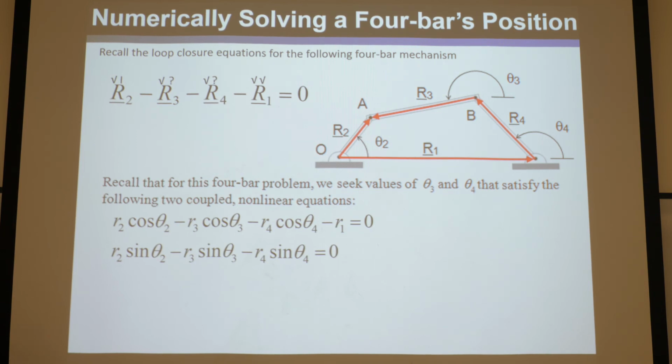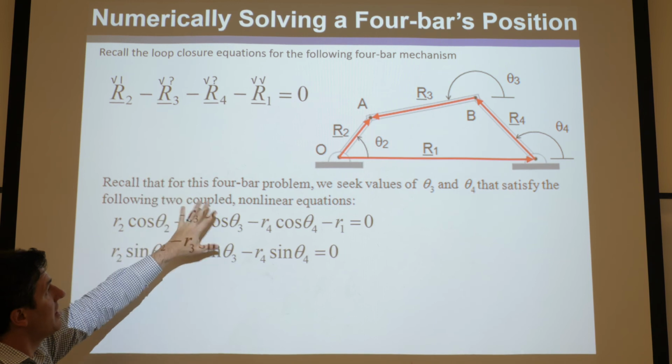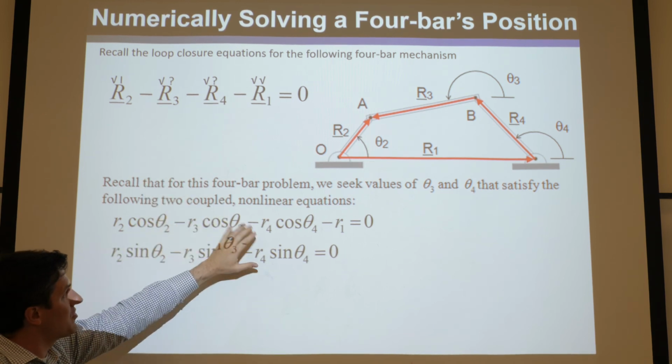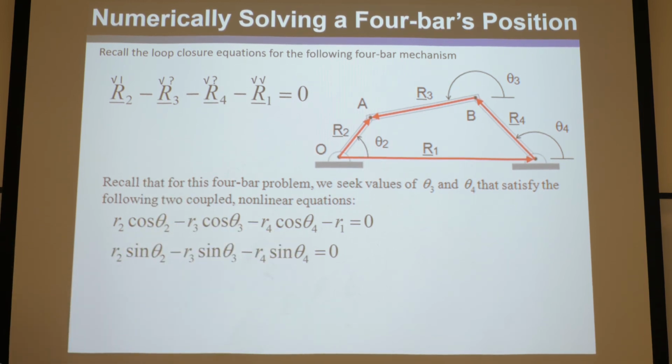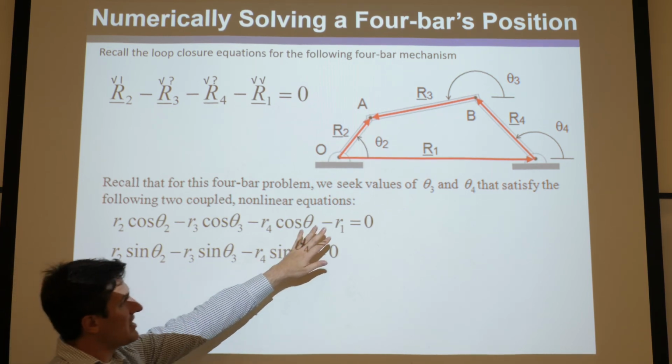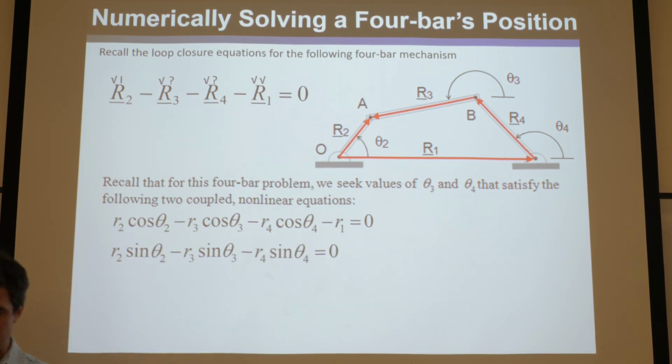Okay. So again, you get to your component form after drawing your vector loop and finding it solvable, and you have your 2 equations and your 2 unknowns, and you want to solve those for when these equal 0, and then it corresponds to the 4-bar, and you'll get what you want. So here's the trick I want you to think about.